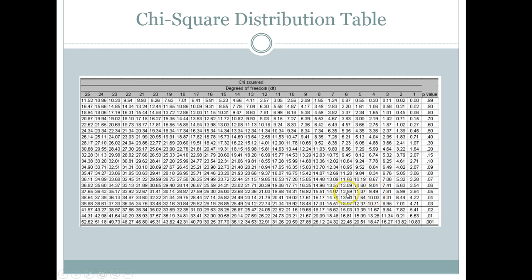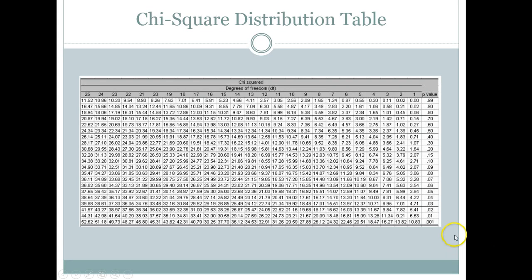So right here, we said it was around 0.01. We achieve roughly a 0.01 p-value with our sample, and that's roughly about 13.28. So that's how the chi-square distribution table works.